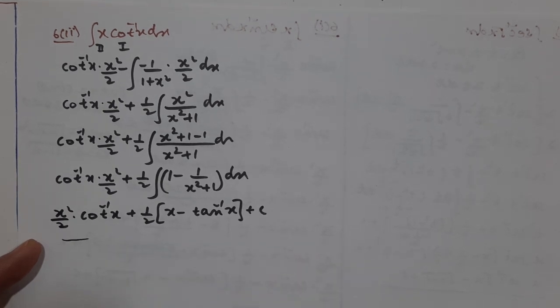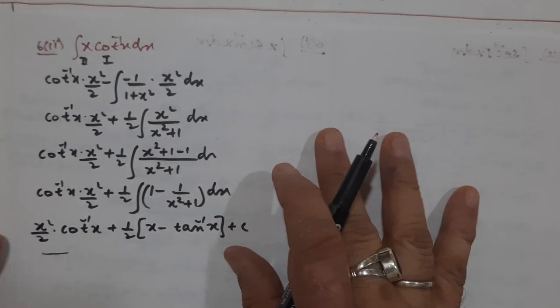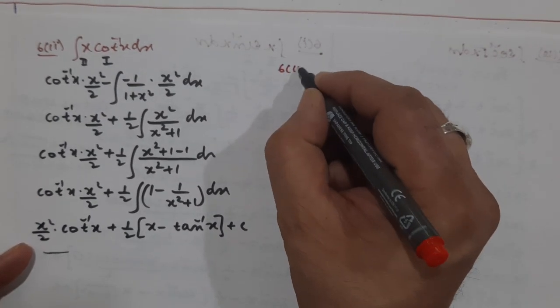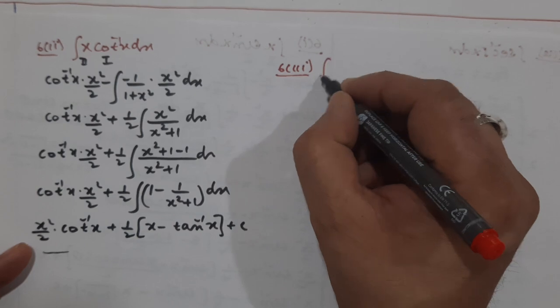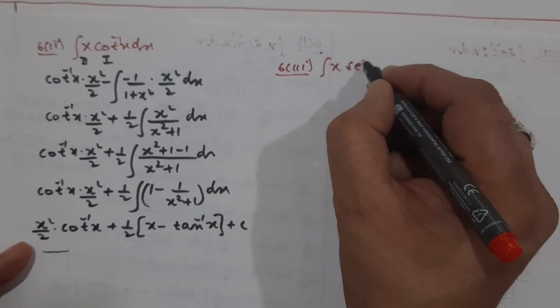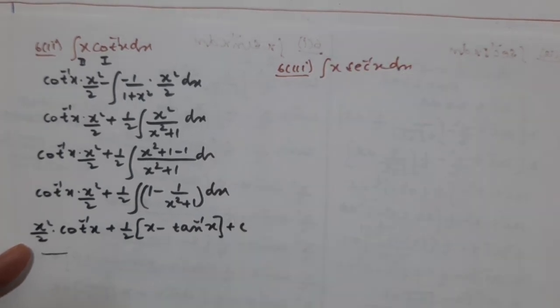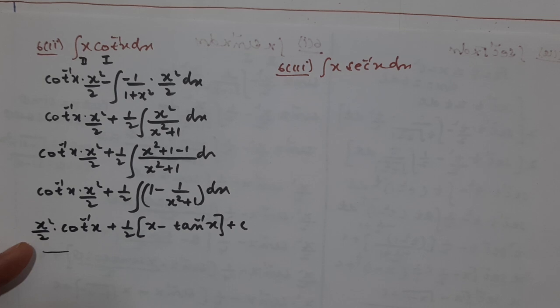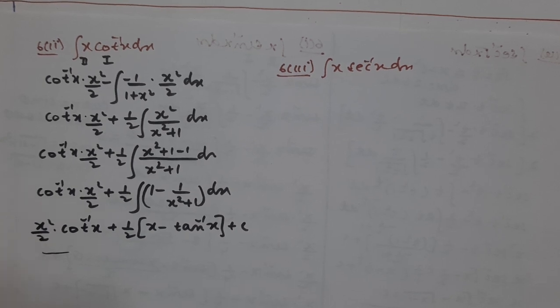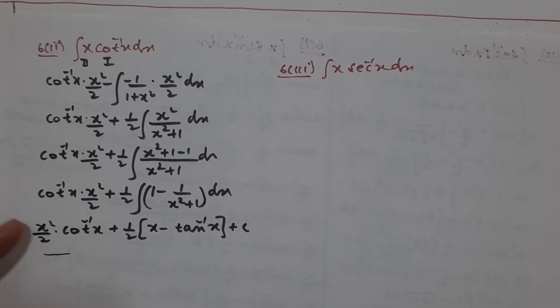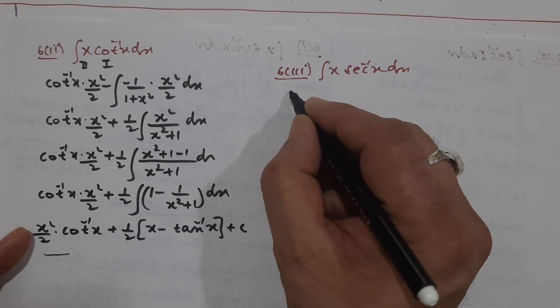Now similarly we can do the next part, x secant inverse x. So now let us do the third part of this question, x secant inverse x dx. So students, moving in the same way, taking secant inverse as first function. Now let us integrate.